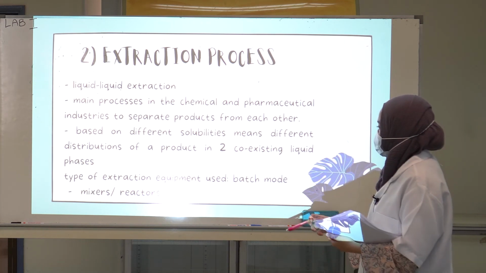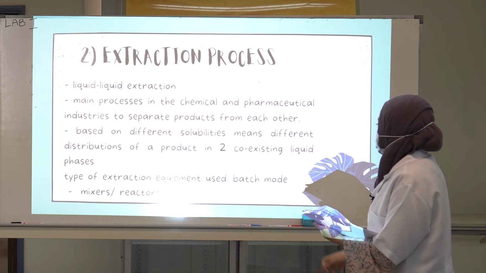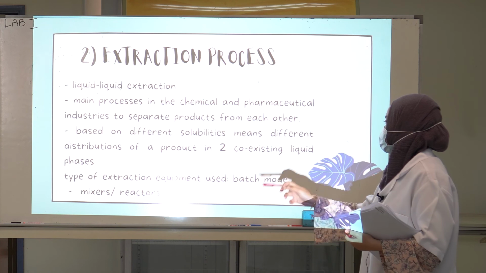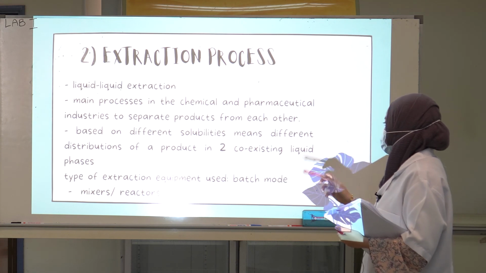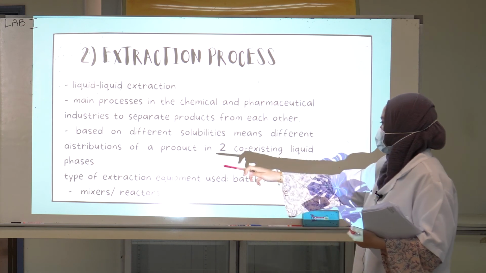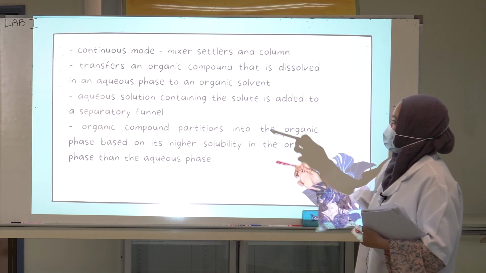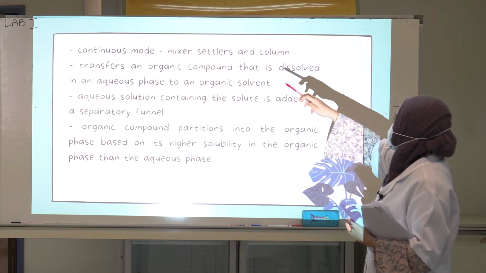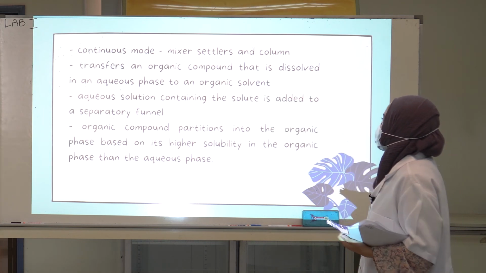For the equipment, there are two types of extraction equipment: in batch mode process, we use mixers and reactors. Next, in continuous mode process, we use mixer-settlers and columns.